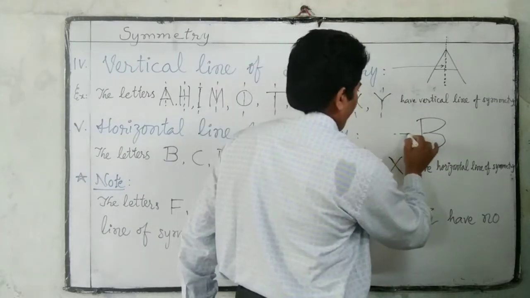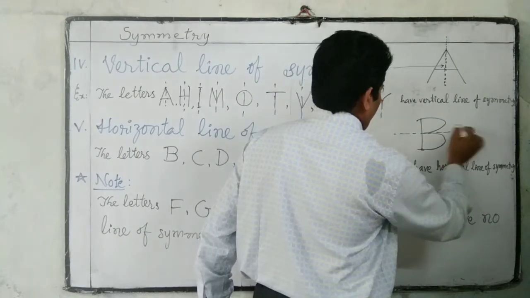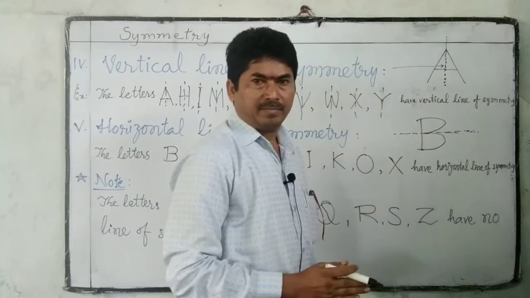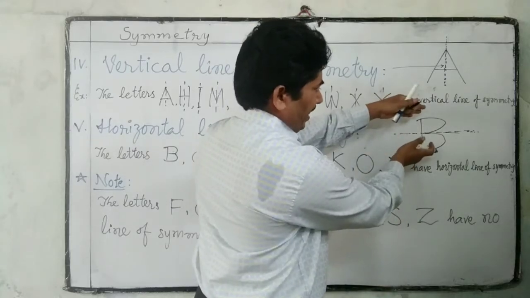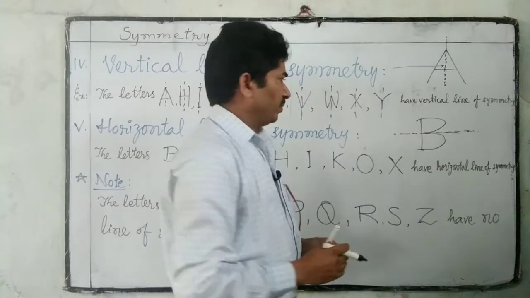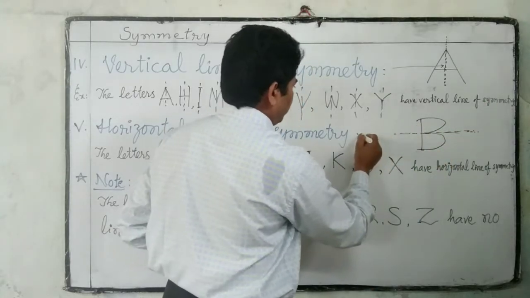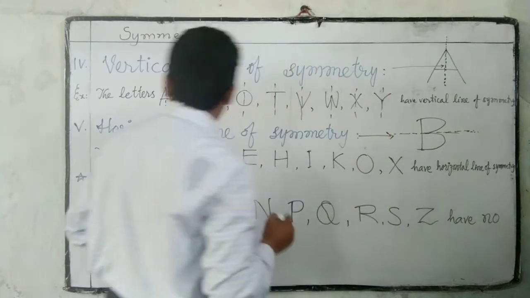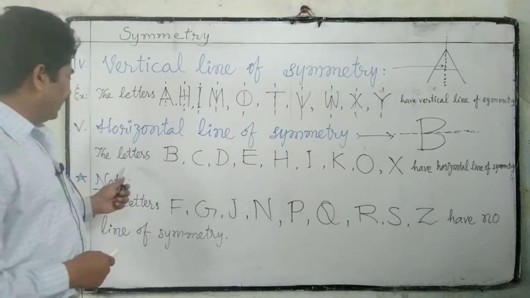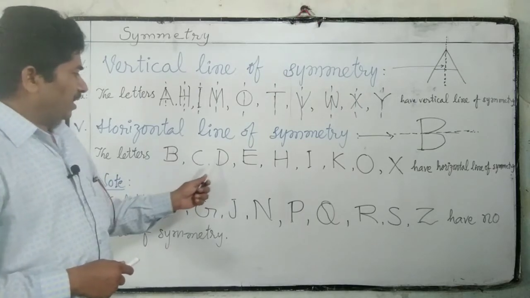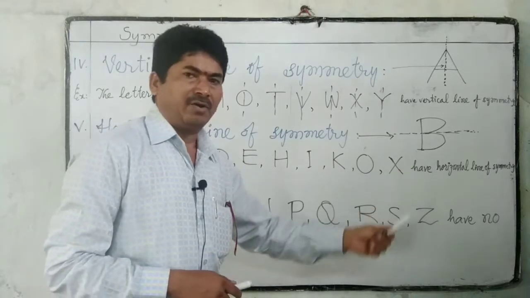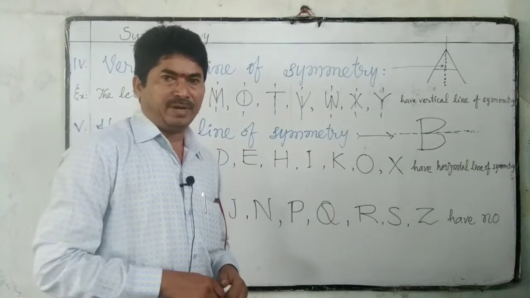If we divide it like this, the dotted line divided this letter identically from left to right. So this is called a horizontal line of symmetry. The letters B, C, D, E, H, I, K, O, X have horizontal line of symmetry.